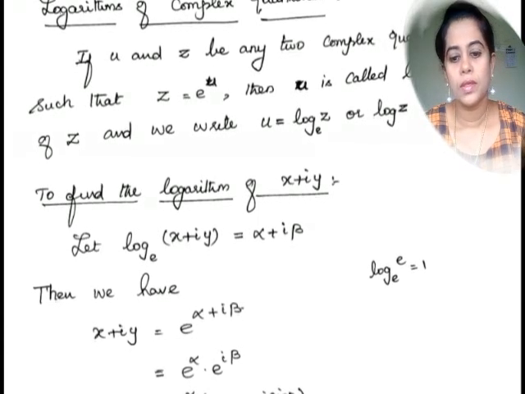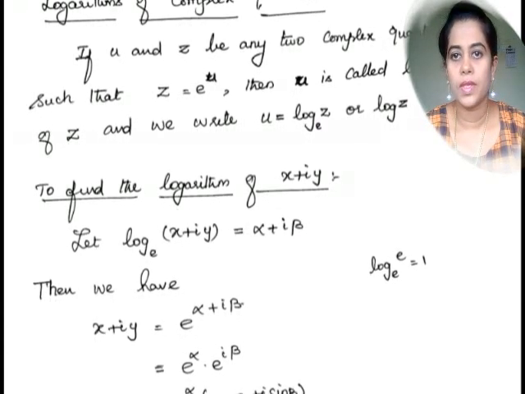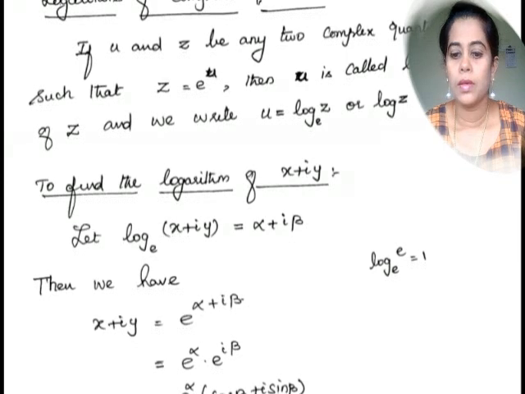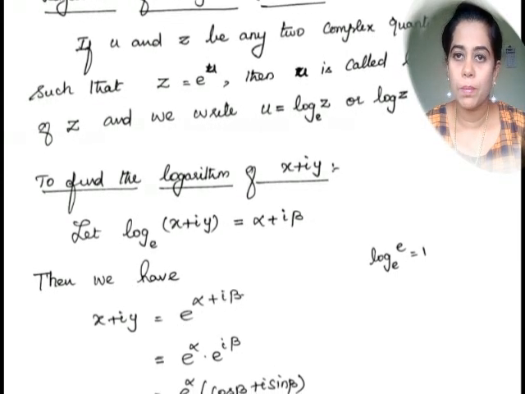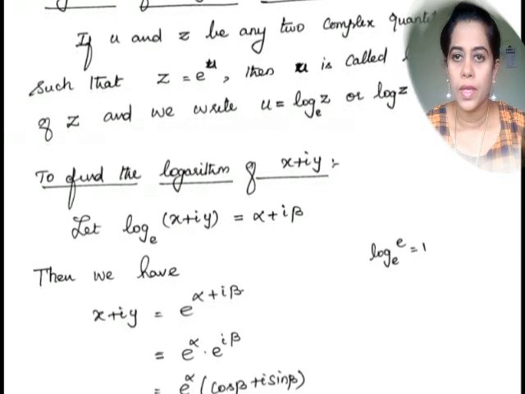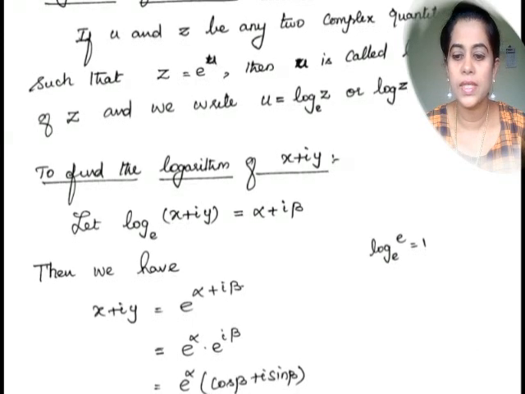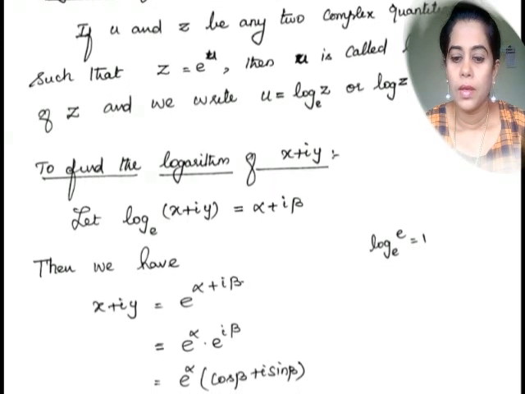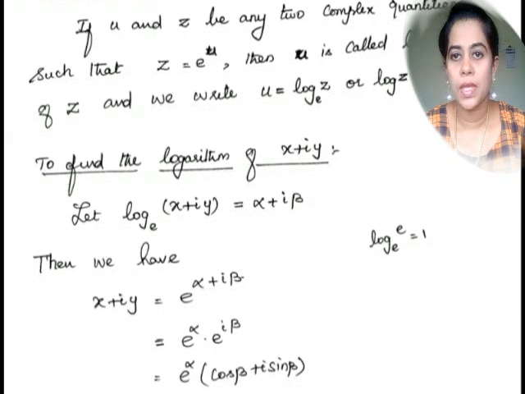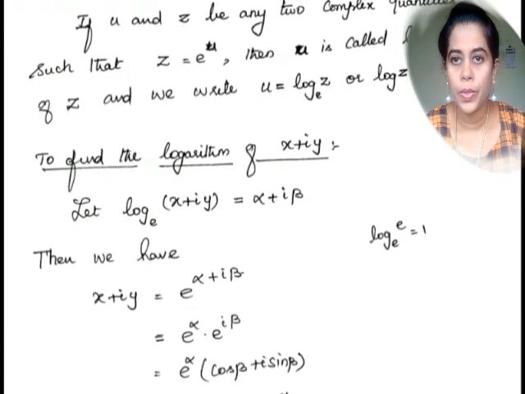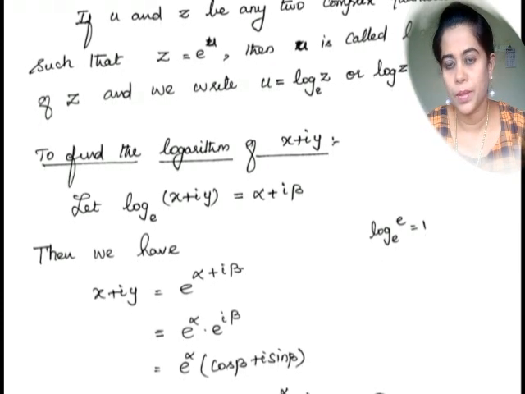How to find the logarithm of a function? Let us discuss. To find the logarithm of x plus iy, let log of x plus iy to the base e equal alpha plus i beta.